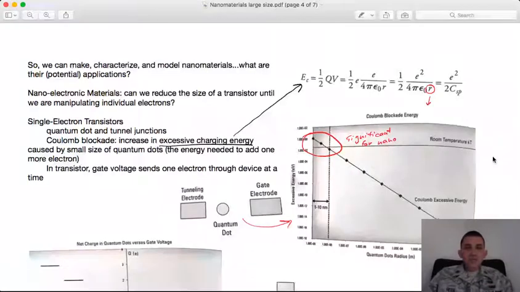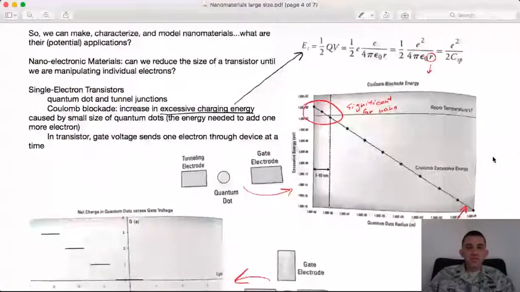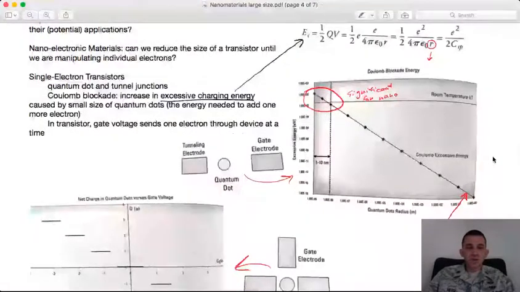And so there's an energy cost to adding an electron into a transistor, right? That's the Coulomb blockade, because you've got electrons in there already, and you're trying to add an additional electron. The Coulombic force between the electrons that are there and the additional electron gives you this Coulombic repulsion.